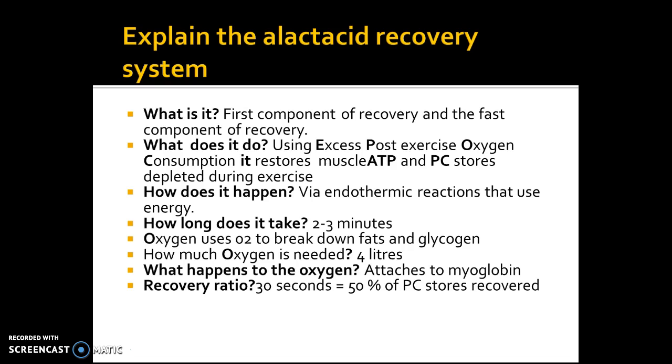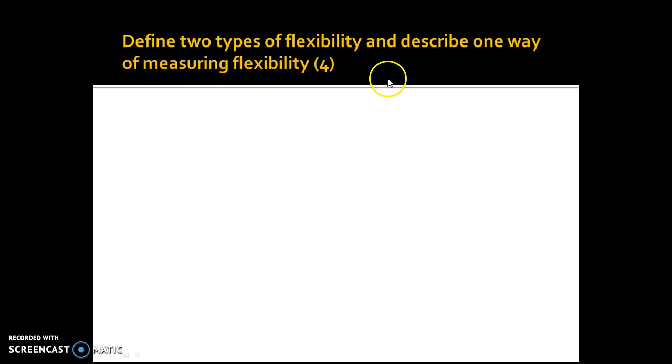Recovery ratios on top. Going on from there, next thing: define 2 types of flexibility and describe 1 way of measuring flexibility. Looking at that, you're thinking, do you know the 2 types? Secondly, can you describe 1 way of measuring it? Whenever you're talking about flexibility, you need to think of the following way of remembering it: ROM, SOM, and I'll put in GOM as well.